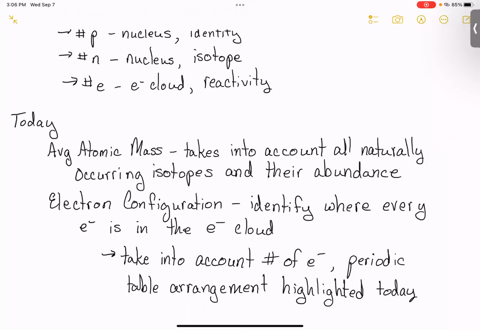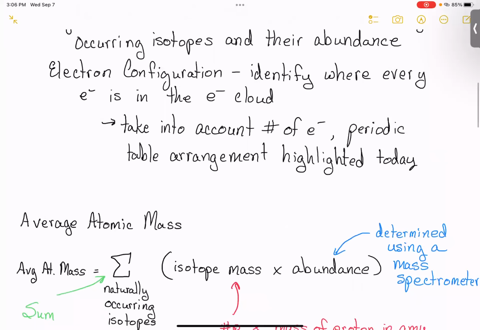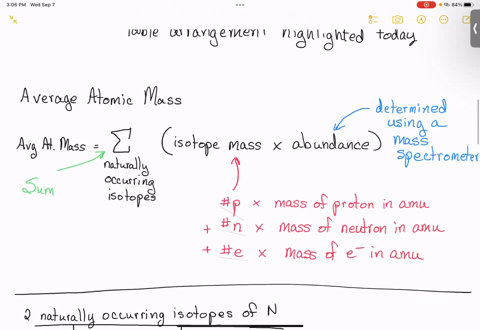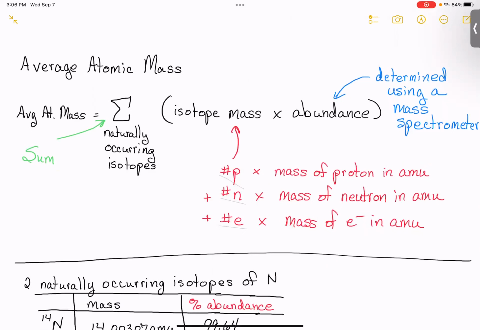So let's begin with the average atomic mass. You can calculate that number at the bottom of each square on the periodic table.